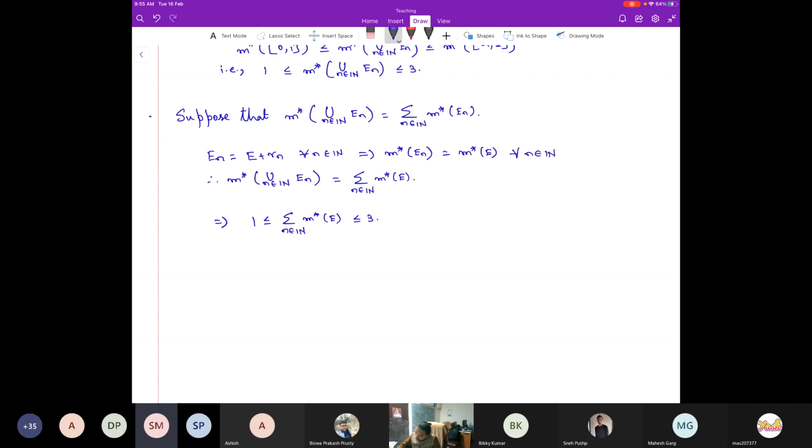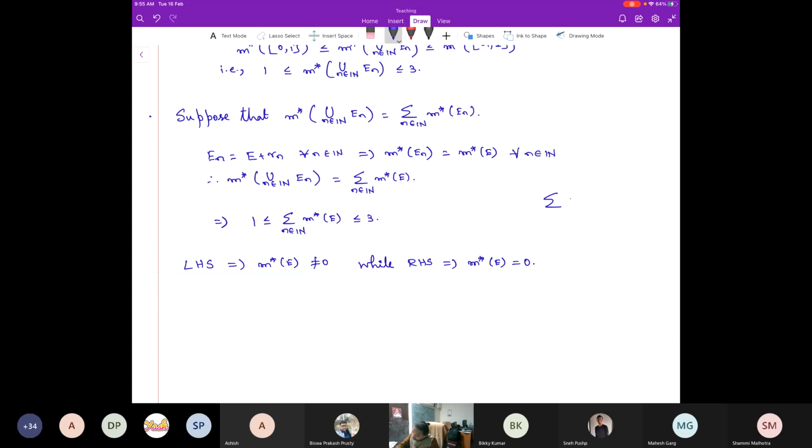The left hand side implies that M star of E is non-zero, while the right hand side implies that M star of E should be 0.